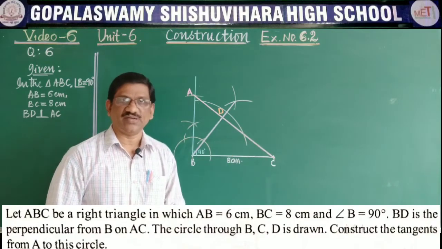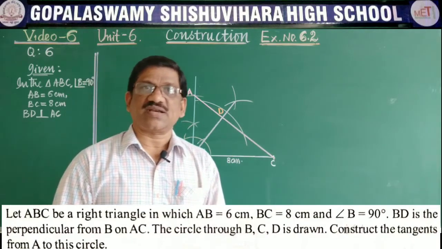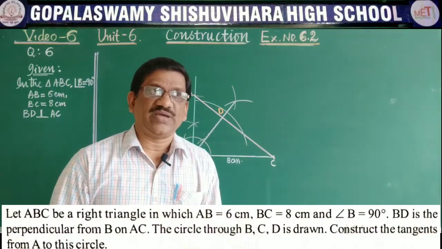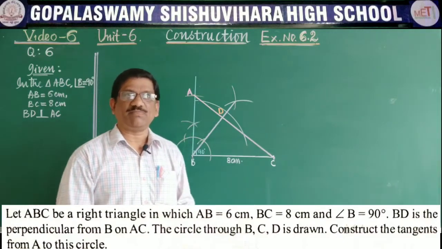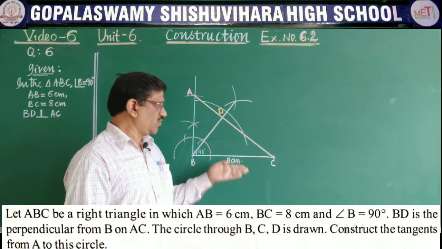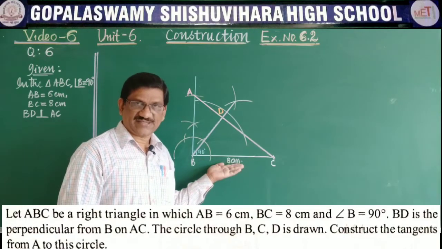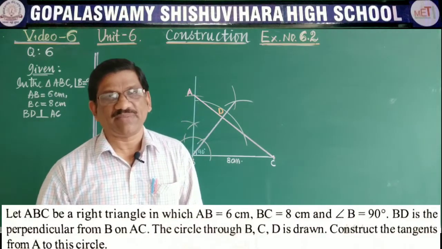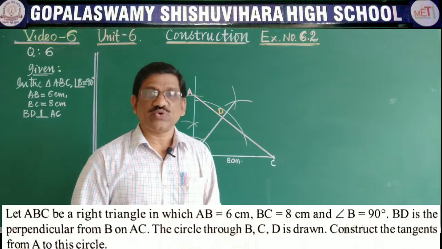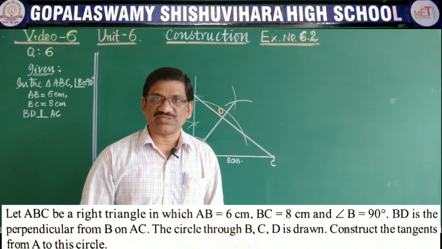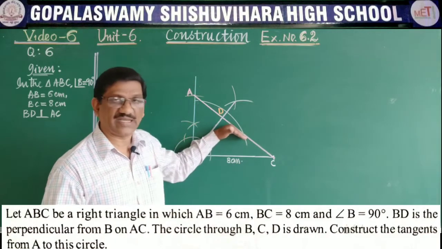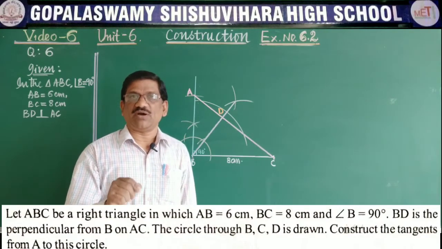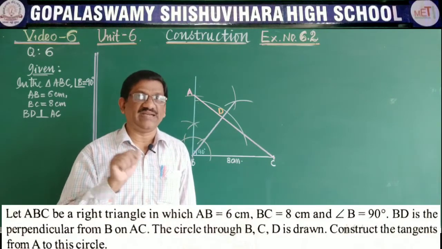You know that, children, to construct circumcircle to a triangle, we have to draw perpendicular bisectors for the sides. At least 2 sides we have to draw perpendicular bisector. Where these 2 perpendicular bisectors of the sides of the triangle meet each other, that point we call as circumcenter.